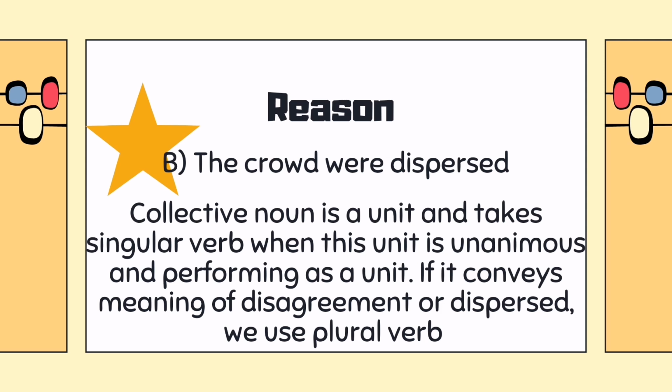The jury is unanimous in its decision. The jury has given the same verdict. So we can use a singular verb here. But if we say the jury were divided in its decision, it means there is disagreement. So we cannot use was with it. We can use only were with it.